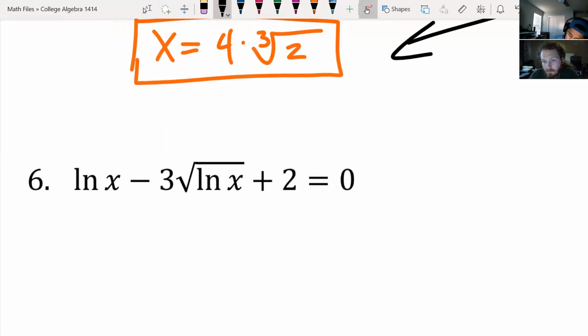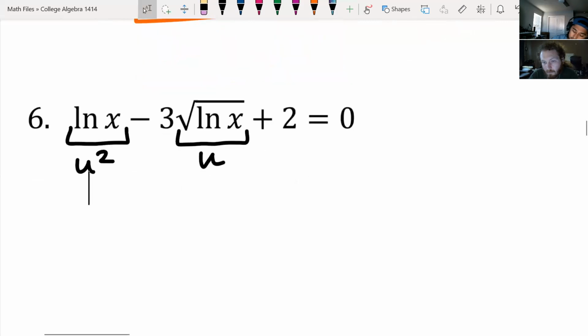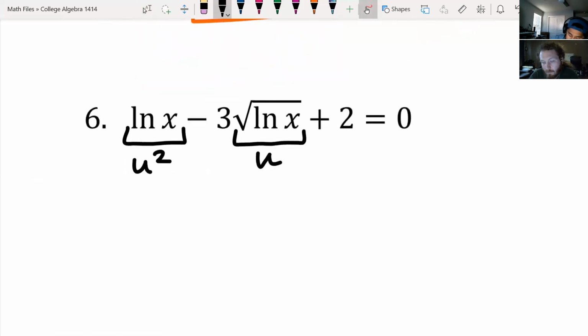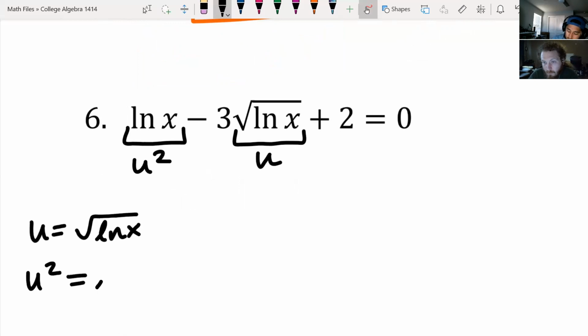So we're going to say that the square root of natural log x is u. And then if you square that, you'll get the natural log of x, which is u squared. So let me just write down what I said. u equals the square root of natural log x, and u squared would just be the natural log of x.